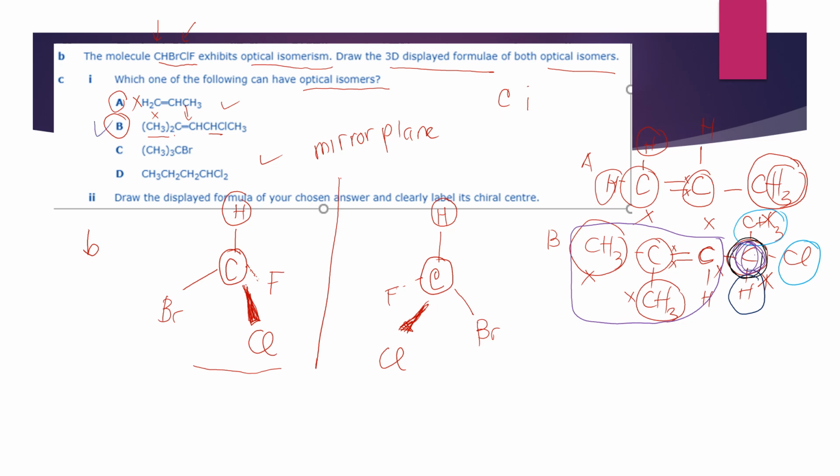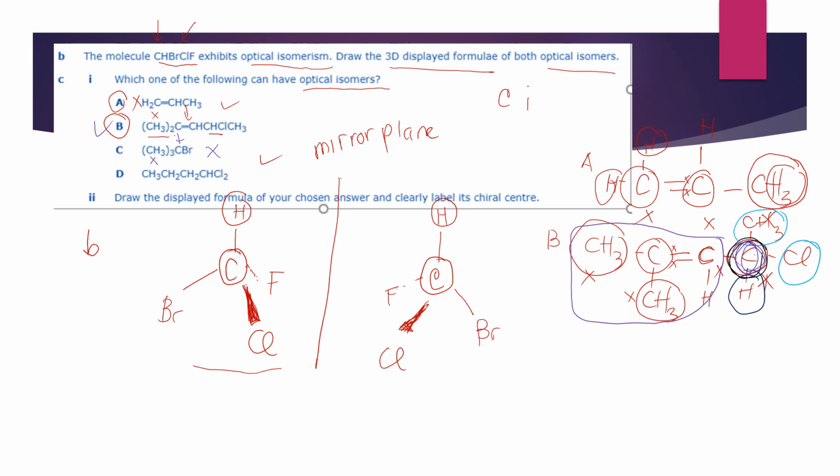For C, of course this is not a chiral center because the same hydrogen, and then carbon also. Here there are 3 methyl attached to the carbon, so this is not the answer.